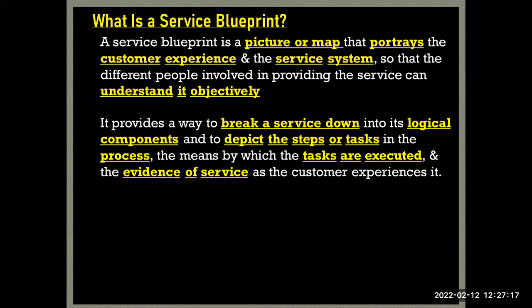So it is nothing but a picture. It is nothing but a map. It is nothing but a flow chart in which the customer experience is shown: how the customer will experience that particular service, how we are going to provide that service, what the roles of the employee at the backstage are, what activities will happen, and how we are going to provide help to that employee in performing that service, shown clearly and objectively.